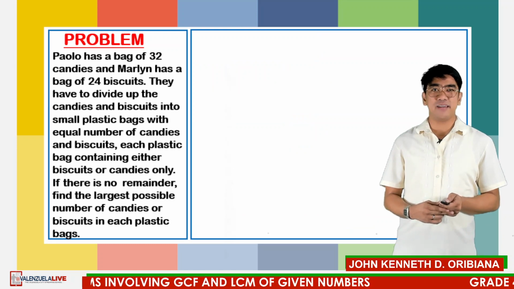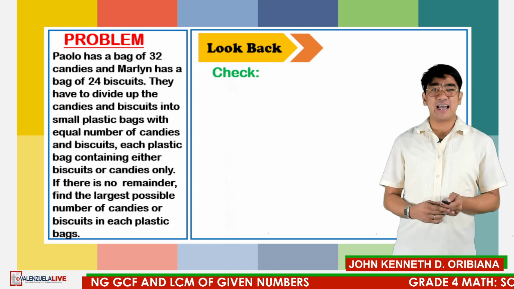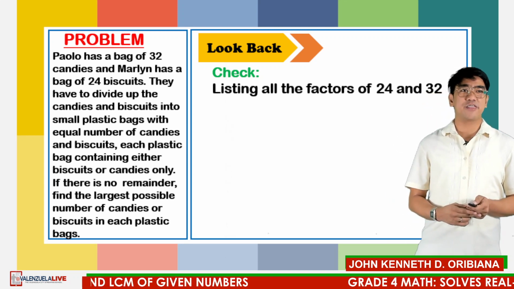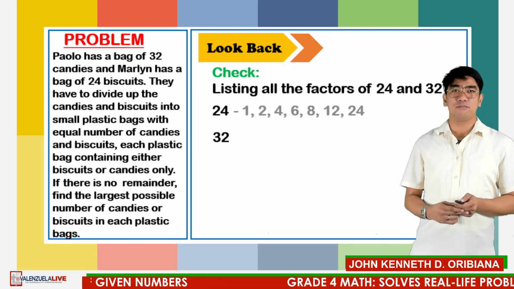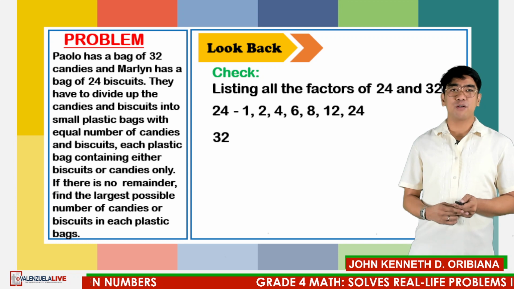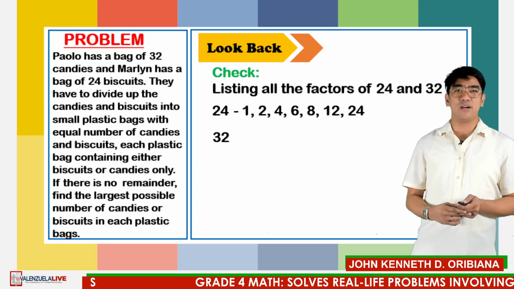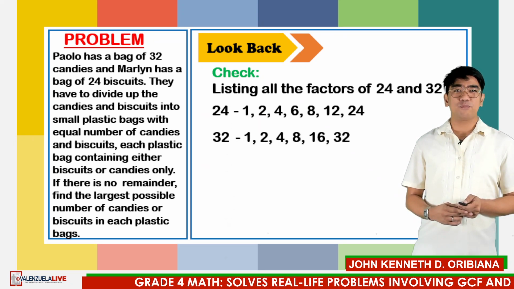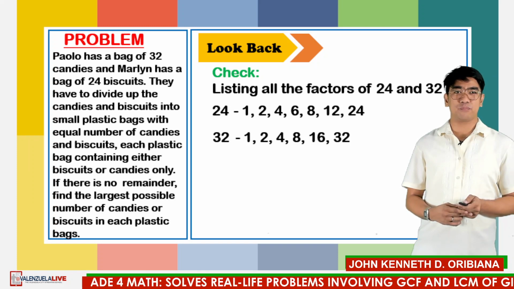And last step is to look back. To check, let us list down all the factors of 24 and 32. For 24, we have 1, 2, 3, 4, 6, 8, 12, and 24, while in 32, we have 1, 2, 4, 8, 16, and 32.